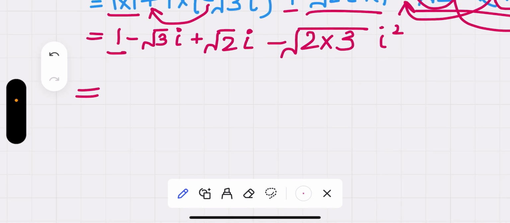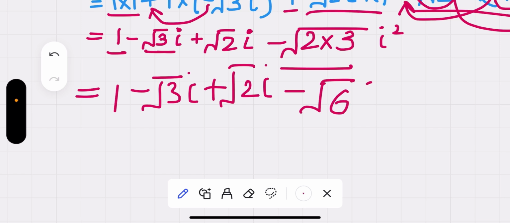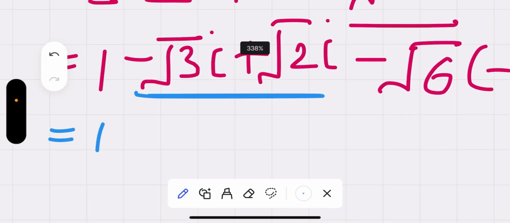We have first term 1, and here negative square root 3 iota and positive square root 2 iota, and this is negative square root 6 iota square, we can write minus 1. Okay, plus 1. We cannot add or subtract these two terms, so we can take common iota from these two.